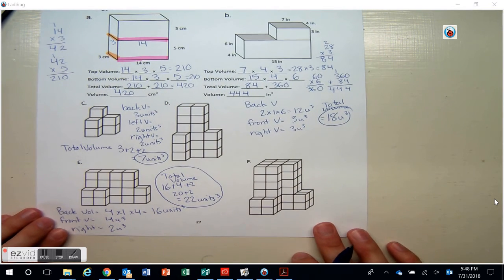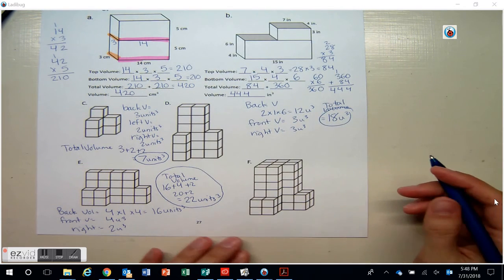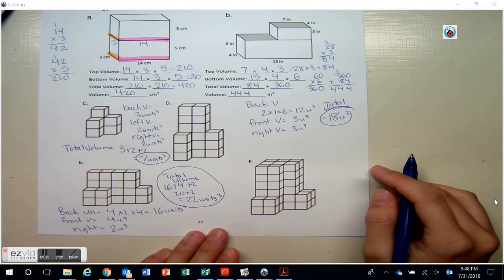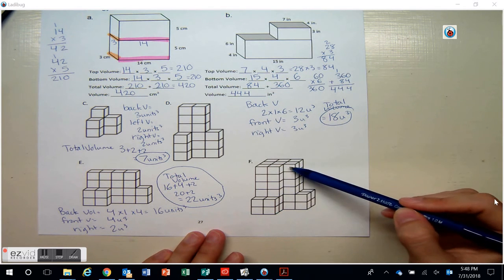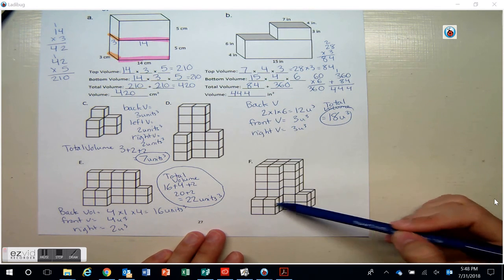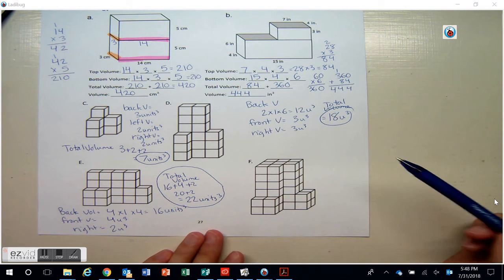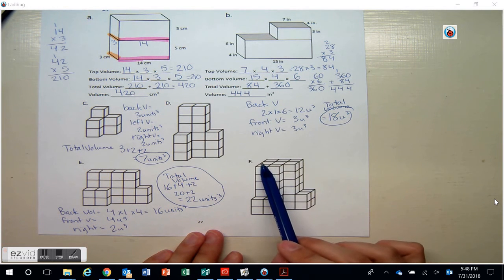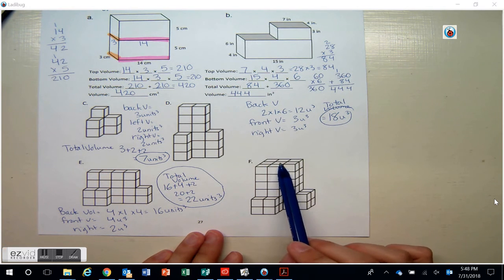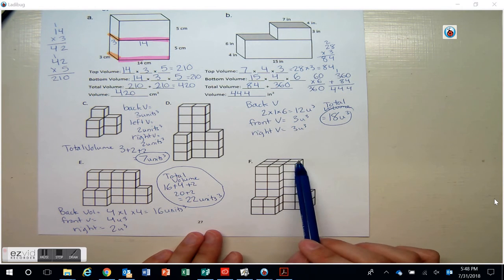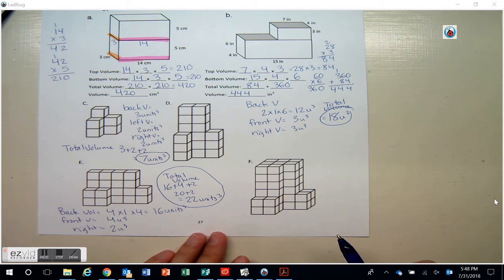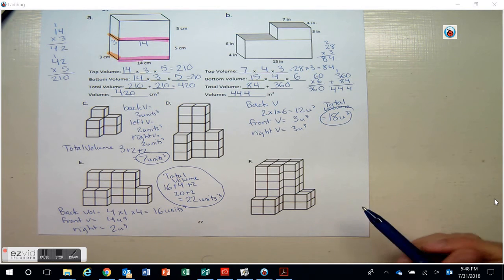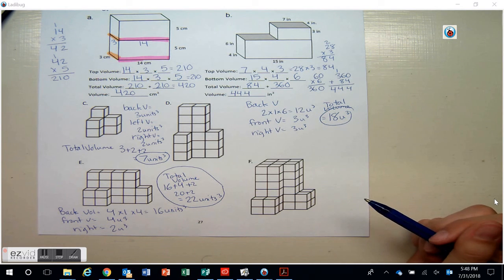Ooh, this one looks like a doozy, but let's see if it really is. So I could break this up as like a piece here, a back piece, these little pieces down here, or I could call all of this, see those 6 cubes that I can see at the top, I could call all of that 1 and count it here. Up to you how you do it. You're going to get the same volume no matter what.